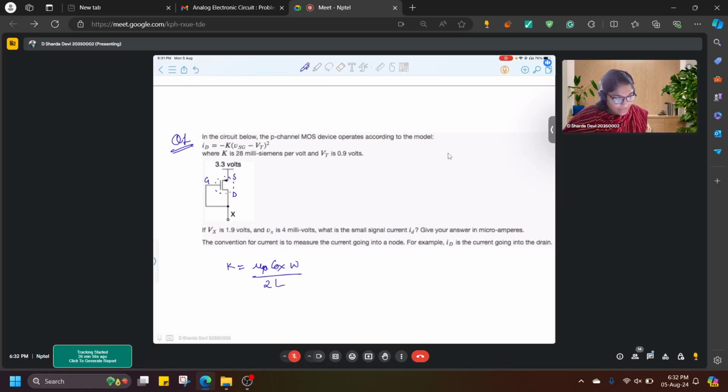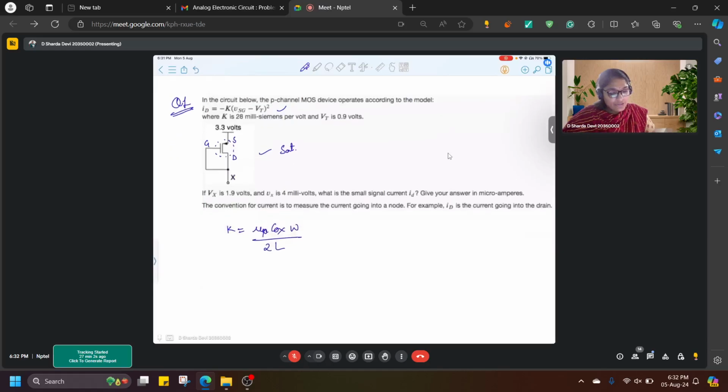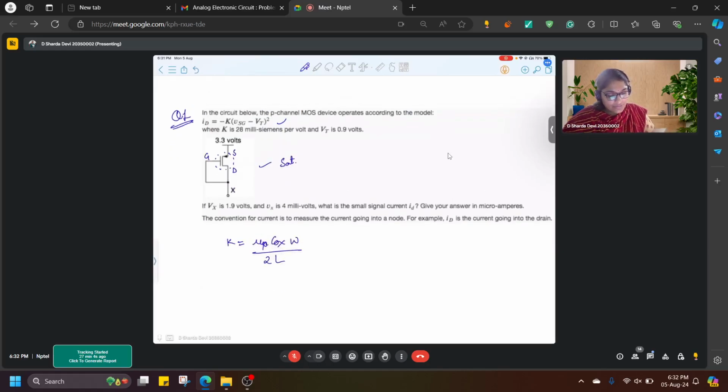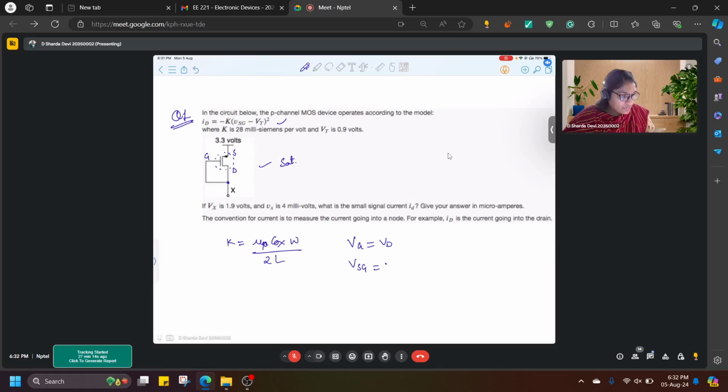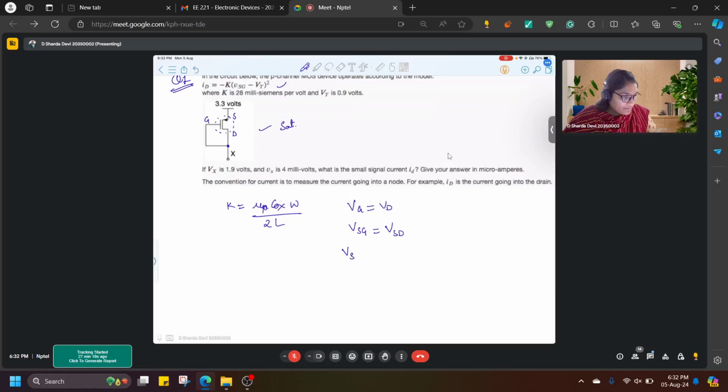From the given equation, it can clearly be observed that the transistor is in saturation. And how do you identify saturation? So here if you see, VG equal to VD. So that means VSG is equal to VSD. So VSG minus mod of VTH would always be less than VSD, correct?